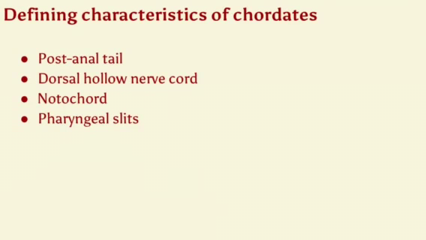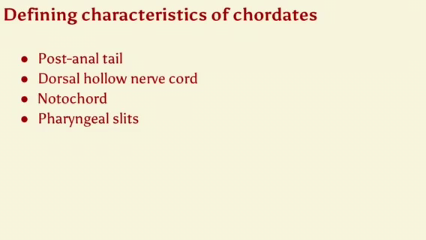So for the defining characteristics of chordates, there are four characteristics that we'll take a look at: the post-anal tail, the dorsal hollow nerve cord, the notochord, and the pharyngeal slits, sometimes called pharyngeal pouches.